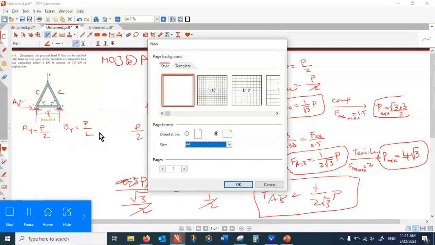If you put that equal to 1.5, you find P. That is the maximum P you can apply. And then this is tensile, it can only take 2. If you plug FAB equal to 2, you find a different P. So you got 2 P's. Which one is the smallest? The one which is smallest is safe to apply to the structure, because if you apply the larger load, maybe the tensile would survive, but the compressive won't survive.